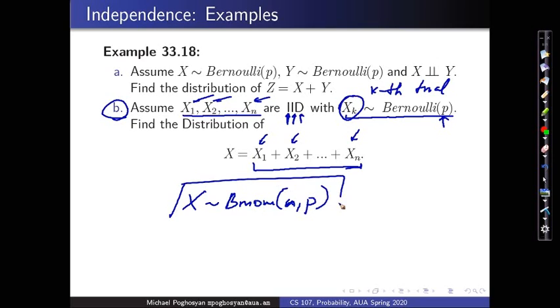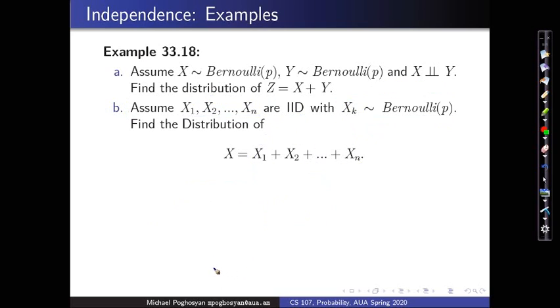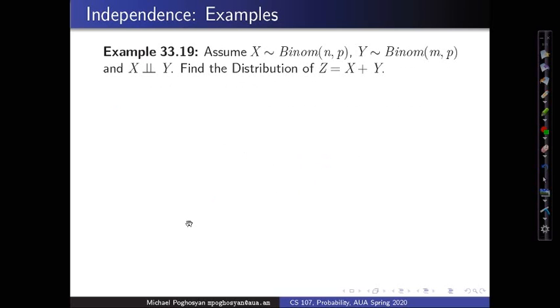So this is important: a binomial can be decomposed into a sum of independent Bernoulli random variables. You can formally prove this by mathematical induction, but I will note that the explanation is enough.